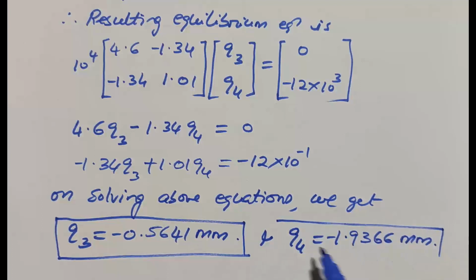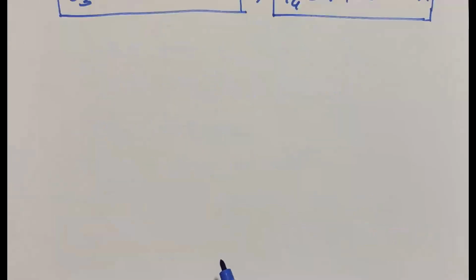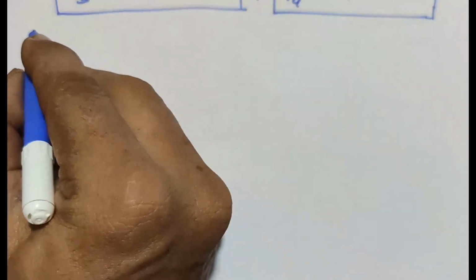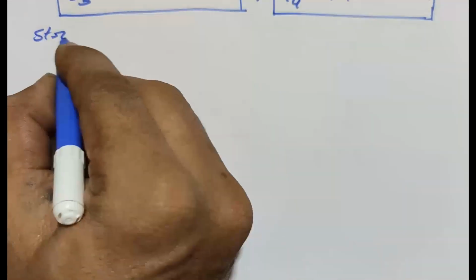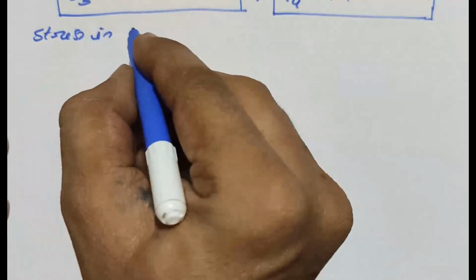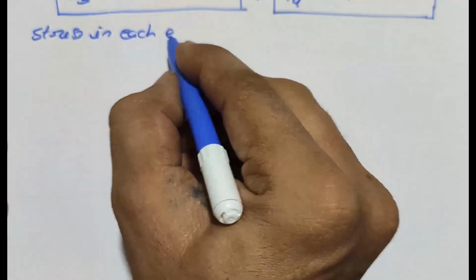This is displacement at node number 2 in y direction. So these two are the displacements at node number 2, Q3 in x direction and Q4 in y direction. Next we want stress in each element. Next is stress in each element.